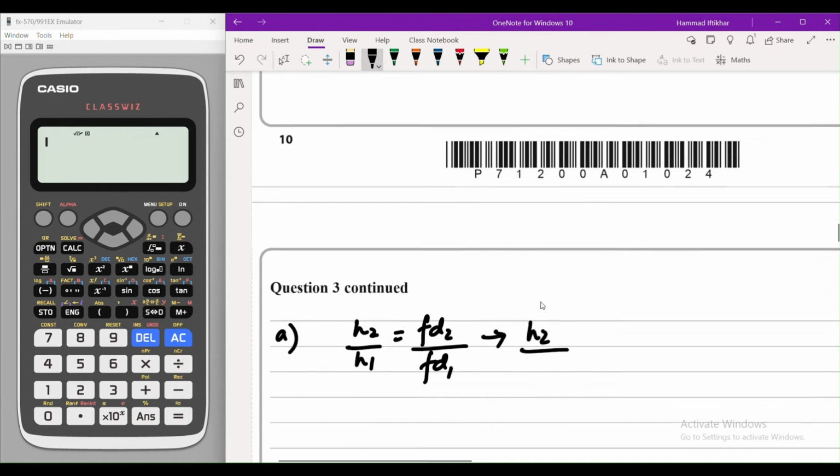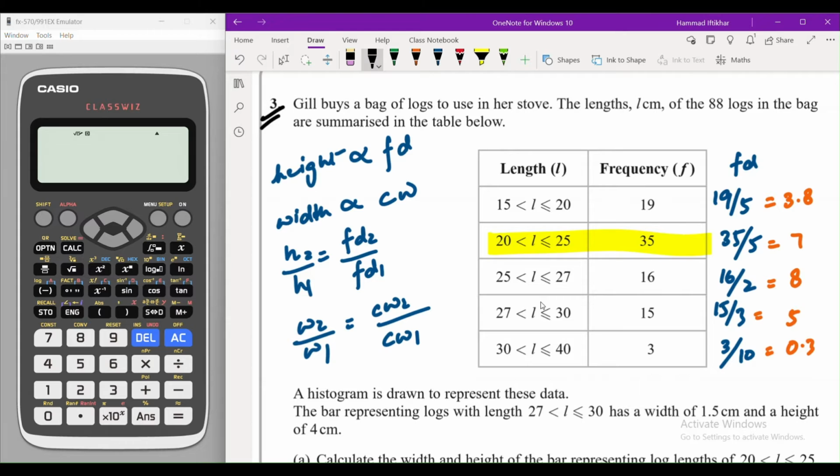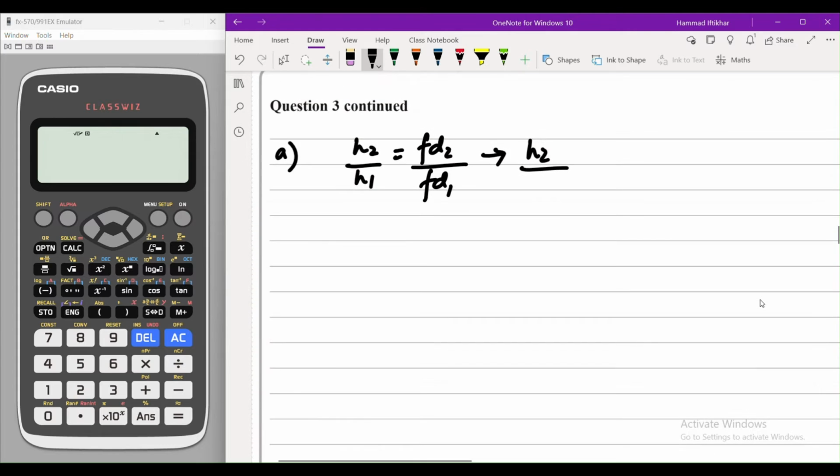Height 1 is 4 centimeter and frequency density is 5. So 7 is the frequency density of the class that we're looking for. Okay, so we have 7 times by 4 divided by 5.